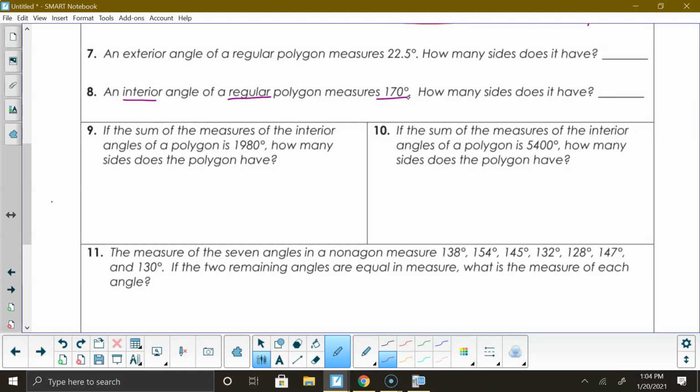All right, so I know 170 equals 180 times n minus 2 all over n, right? So the question becomes, do you want to solve it by hand or do you want to guess and check on the calculator?